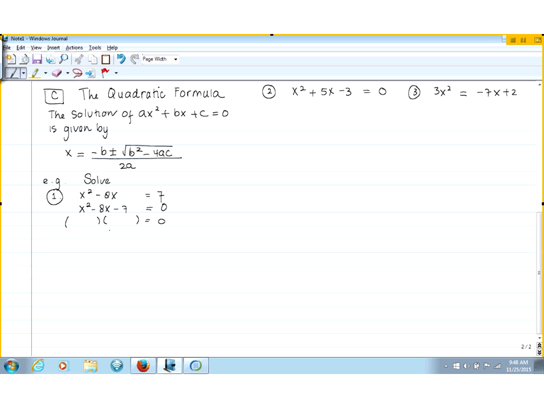Product is equal to negative 7, sum is equal to negative 8. So is it possible or not? Do you find your numbers? No, so this is not factorable. I cannot solve this by factoring, so I need to use the quadratic formula. But it's always good to check if you can factor it or not.